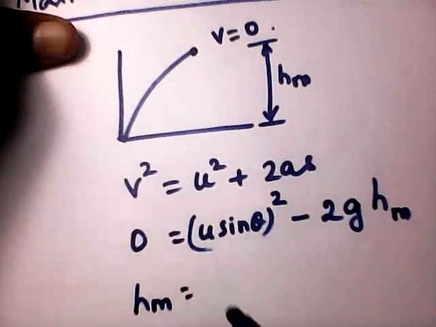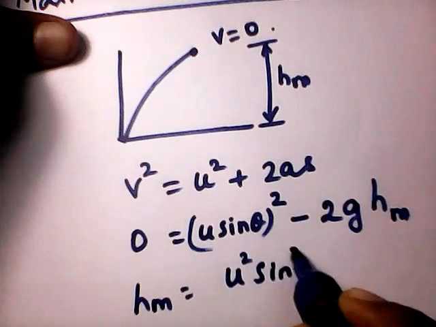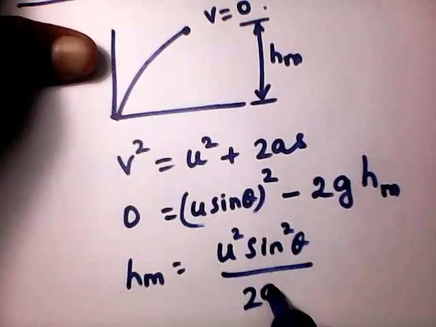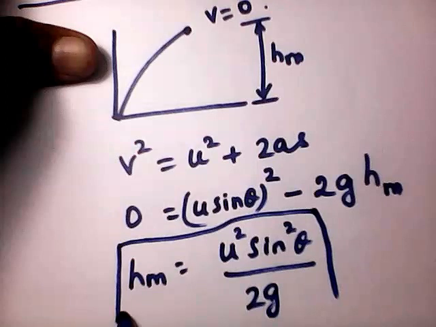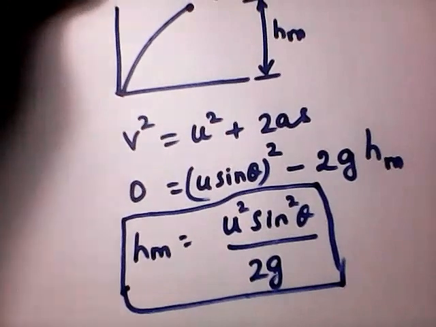From this you can find hm is equal to u square sin square theta by 2g. This is the equation for maximum height.